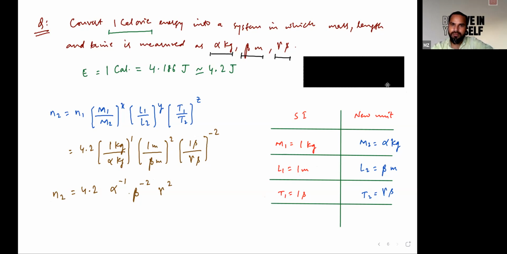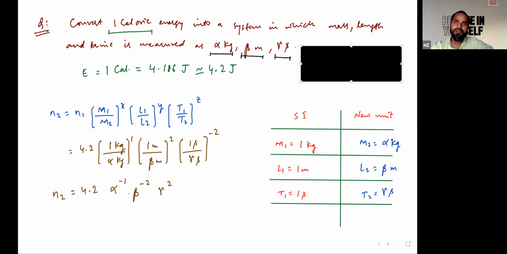They would ask you, if the expression on solving this particular term would be in this way: 1 calorie is equal to 4.2 alpha to the power A, beta to the power B, and gamma to the power C. Then they would ask you to define the exponents A, B, and C. So from this expression, as we have just derived, this is your 4.2, the numerical part.